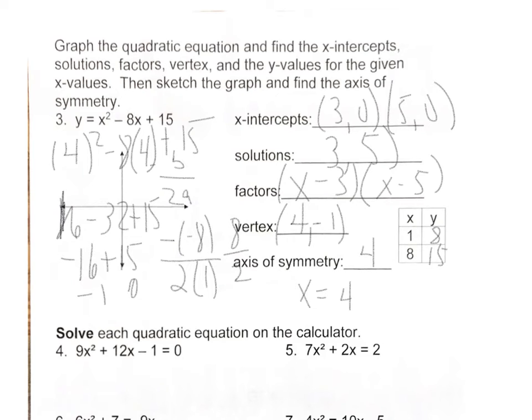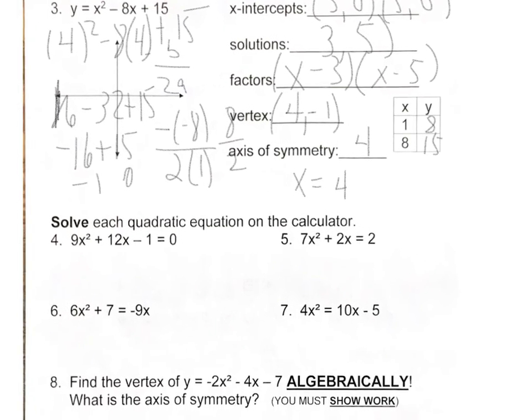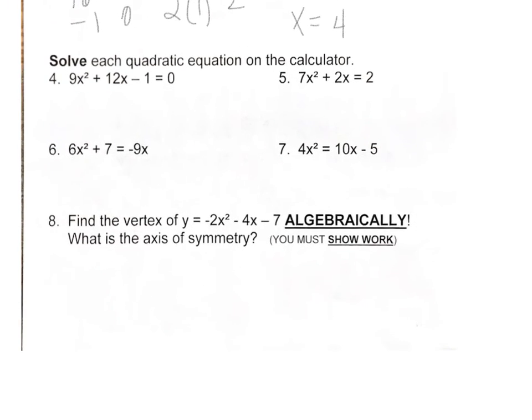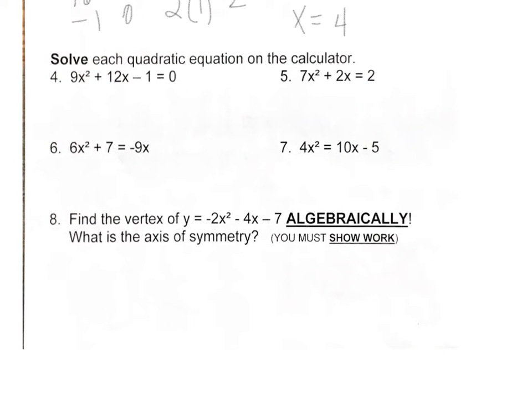And then we come down here, and it wants us just to solve each quadratic equation using the calculator. So all you're going to do is just solve each equation. So you're just going to plug it into y equals, so 9x squared plus 12x minus 1, enter graph.